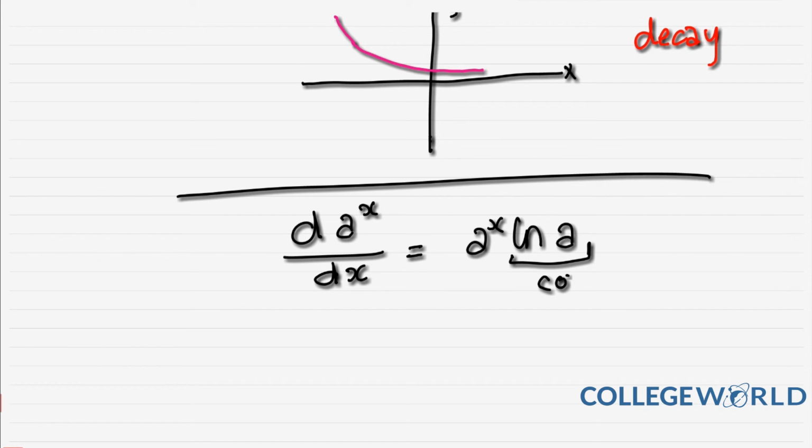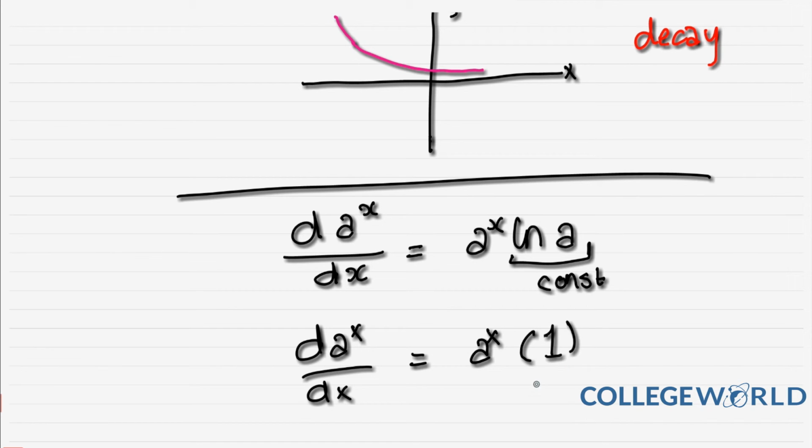We want to know the number that, when you differentiate it, gives you itself. This is the number e.